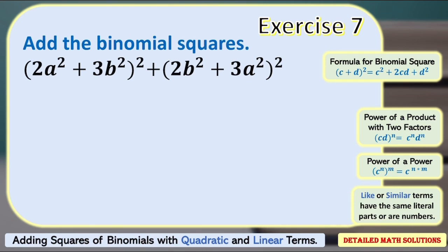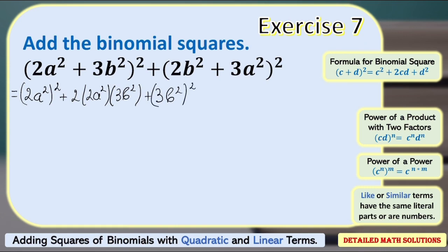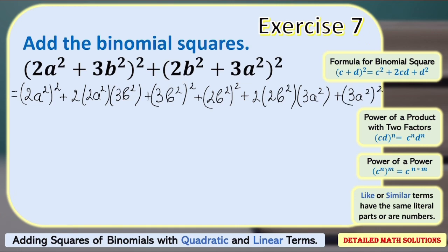When I apply the formula, I get (2a squared) squared plus 2 times 2a squared multiplied by 3b squared plus (3b squared) squared plus (2b squared) to the power of 2 plus 2 times 2b squared multiplied by 3a squared plus (3a squared) to the power of 2.